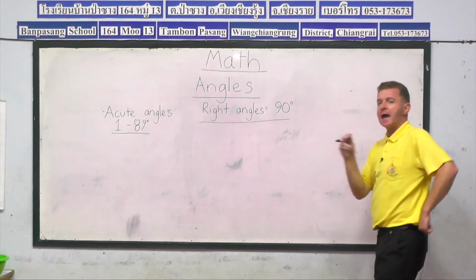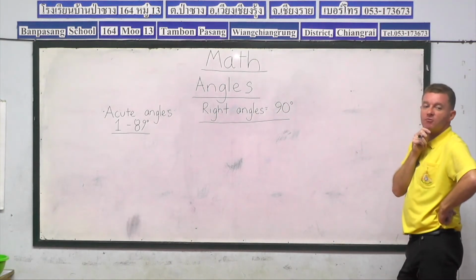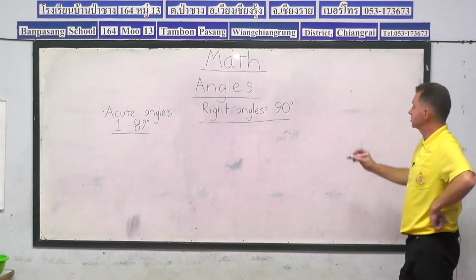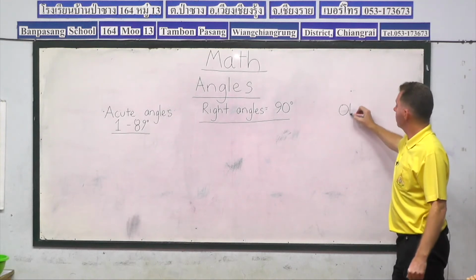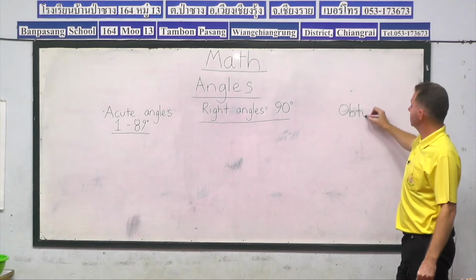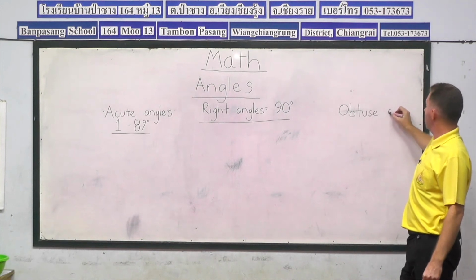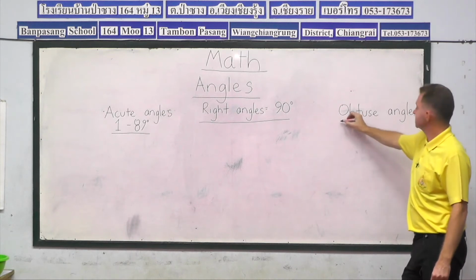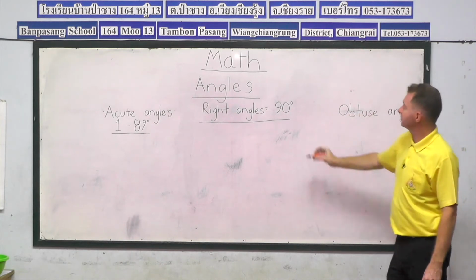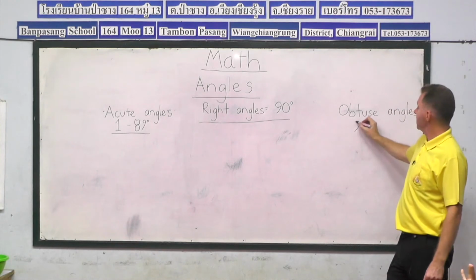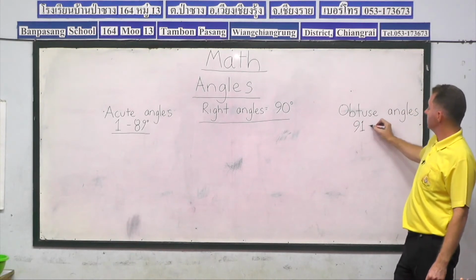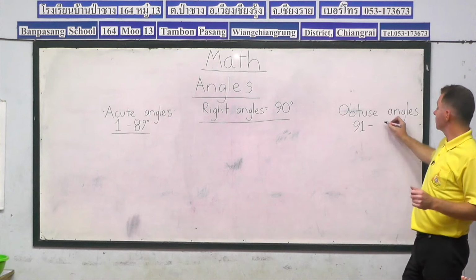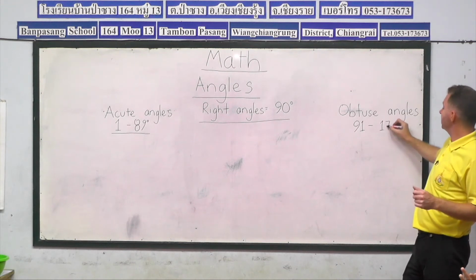But what about the angles that are more than 90 degrees? Obtuse. O-B-T-U-S-E. Angles. And obtuse angles can be anywhere from 91 degrees to 179 degrees.